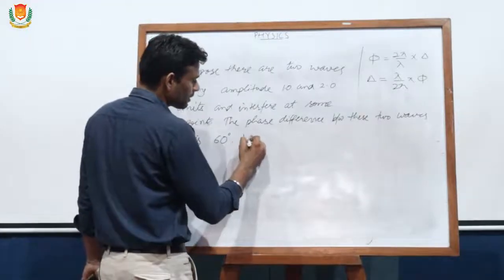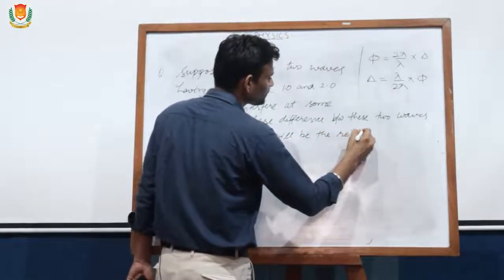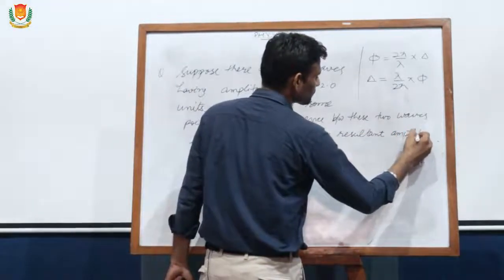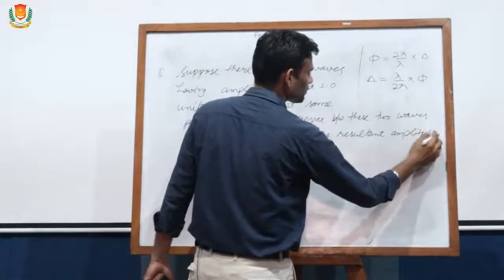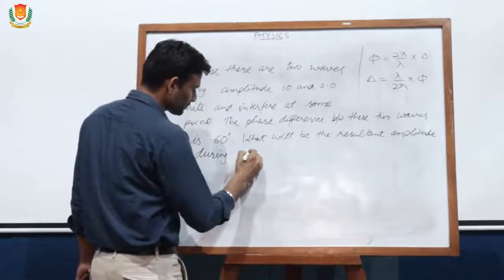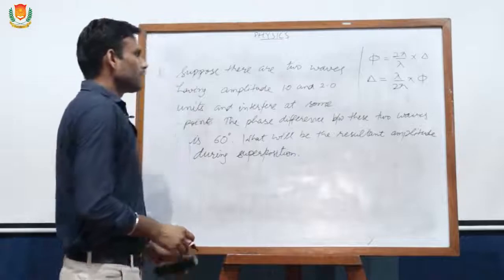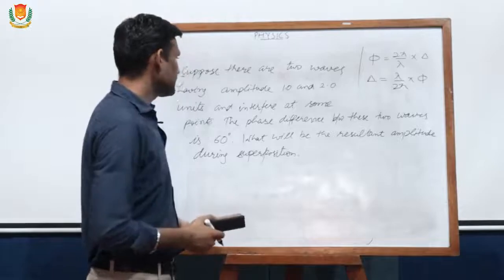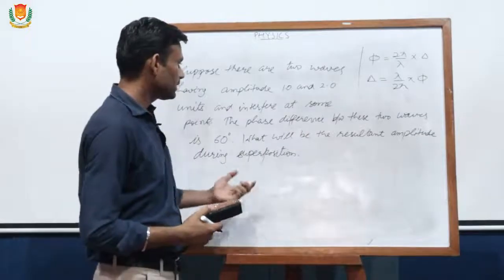Then the question is, what will be the resultant amplitude during superposition? Here the amplitudes of both waves, 1.0 and 2.0 units, and the phase difference between these two waves are given. You have to find out the resultant amplitude.